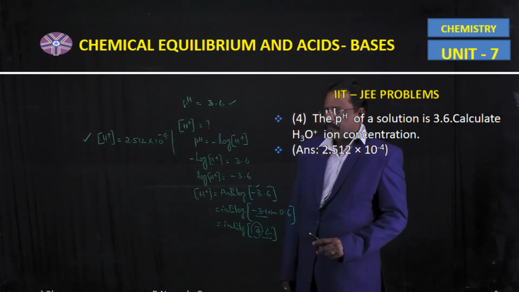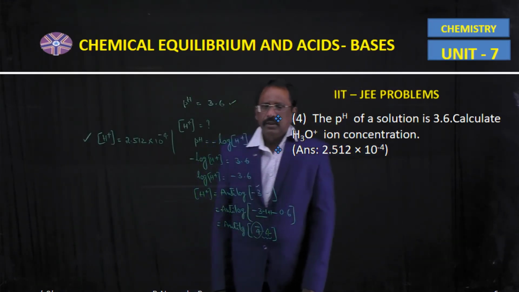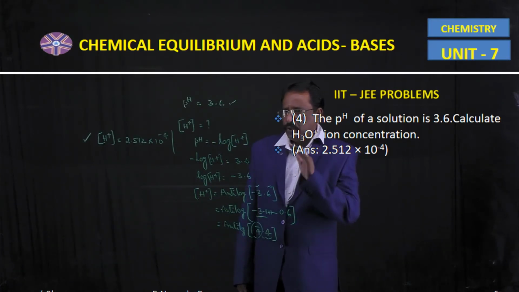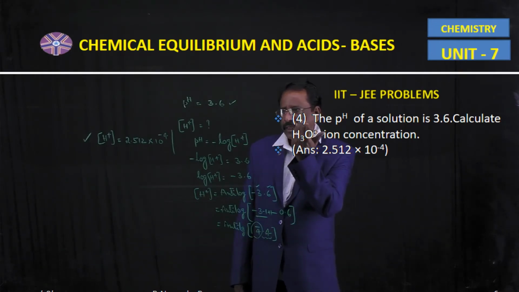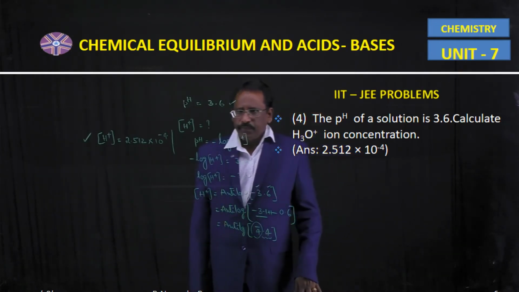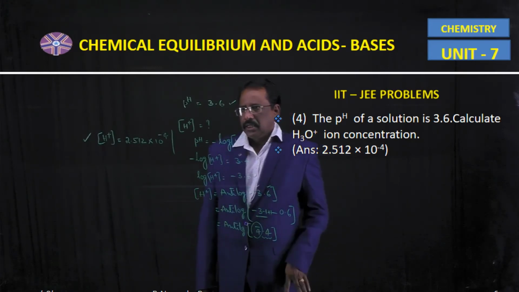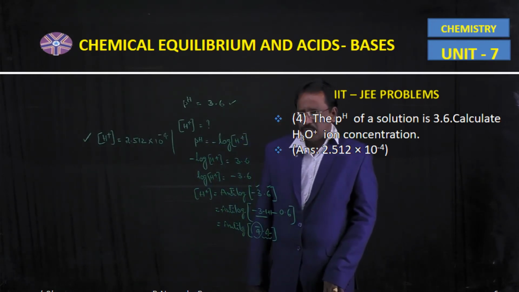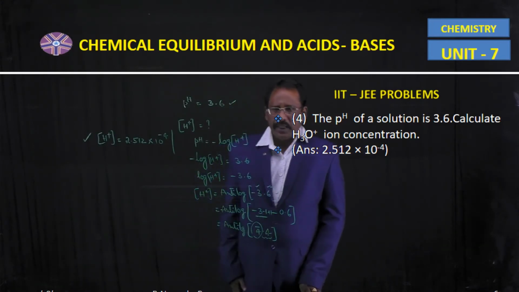So up to now, if you know the H plus ion active mass, it is possible to calculate its pH value. From pH, it is possible to calculate the hydronium ion active mass also. H plus ion active mass is equal to 10 power minus pH.